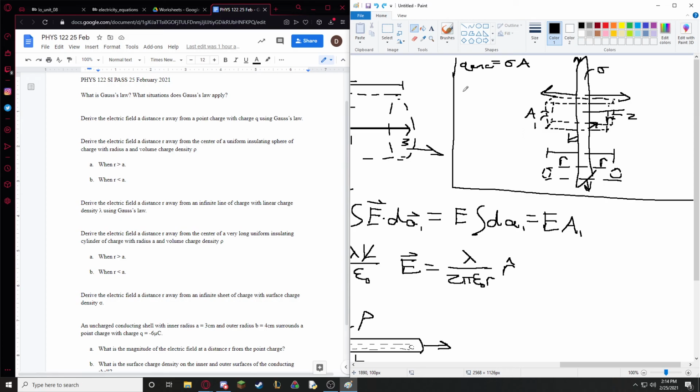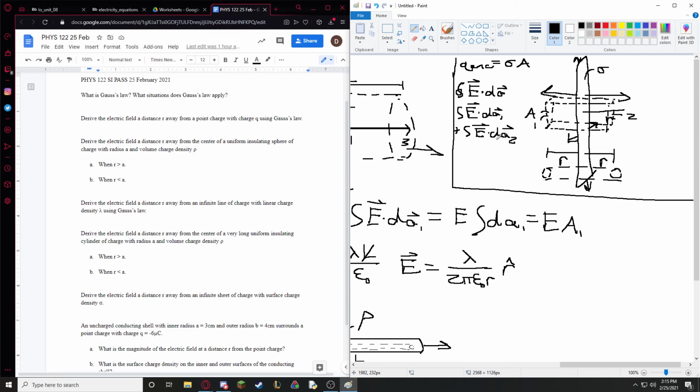So then our closed integral of E dot dA just ends up being the integral of E dot dA1 plus the integral of E dot dA2. And once again, the dot product is cosine of the angle between.